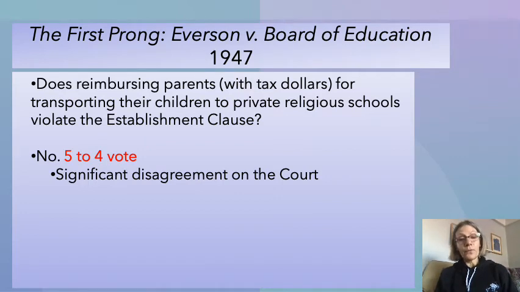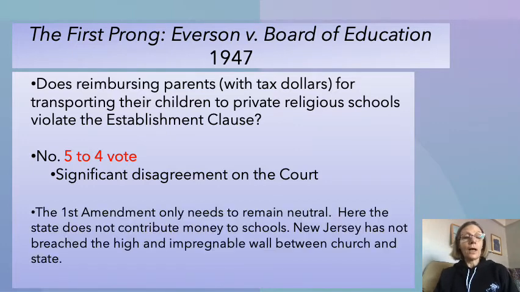The court ruled that no, using taxpayer dollars to reimburse parents for transportation costs to go to a private religious school does not violate the Establishment Clause. They say that the First Amendment only needs to remain neutral. Here, the state does not contribute money to schools. New Jersey has not breached the high and impregnable wall between church and state. Okay, so let's look at the ruling in more detail.